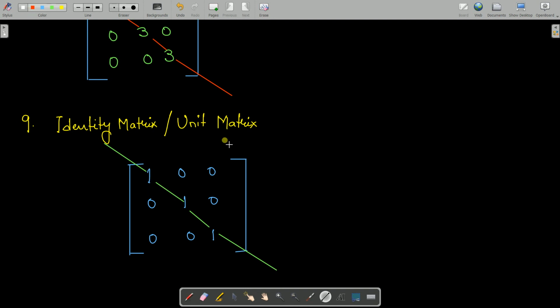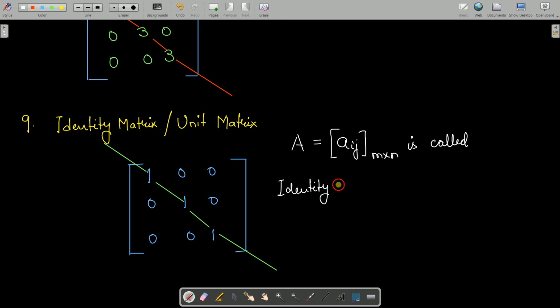So symbolically we can write, let's say A is equal to Aij of order m cross n is called identity matrix. I will represent this with I. Okay, so in linear algebra, this capital letter I represents your identity matrix.